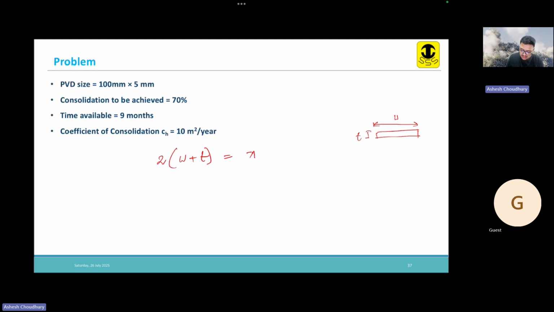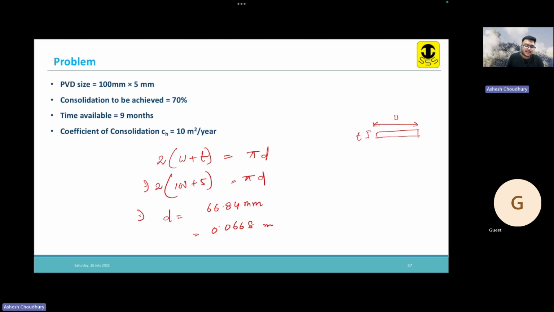It can be equated to the circumference of a circle. So 200 plus 5 is equal to pi d. From here I get d as 66.84 mm, which is equal to 0.0668 meter.